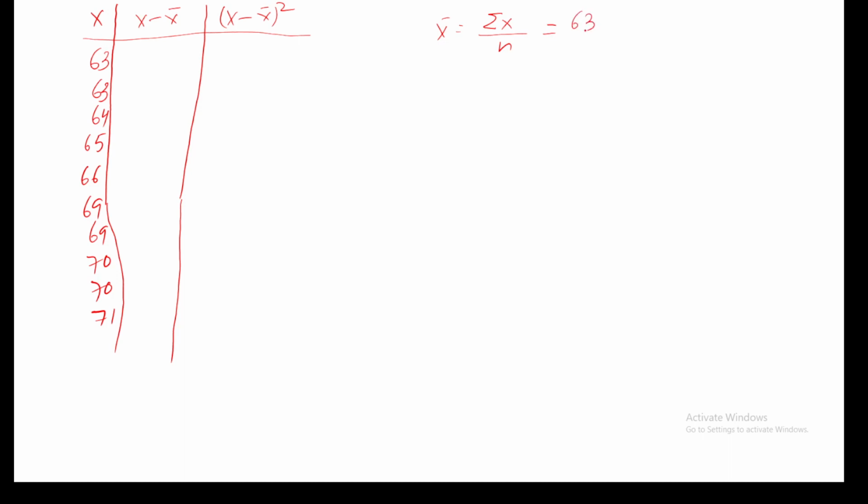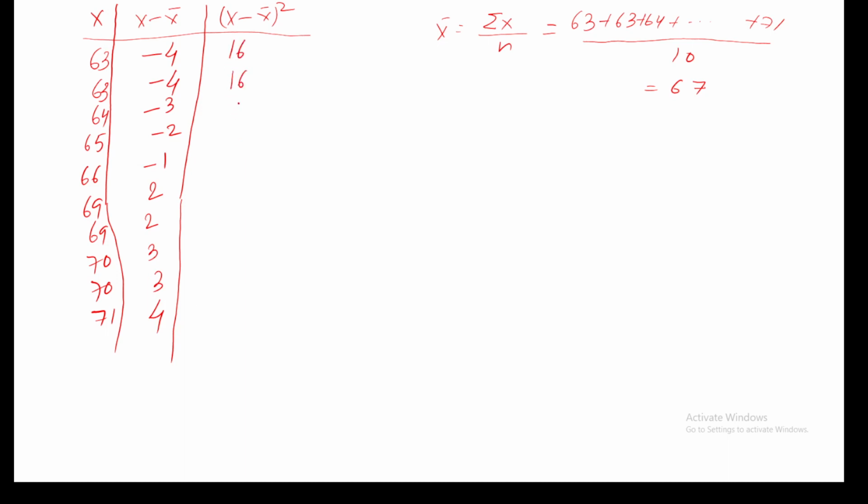It is 67: 63 plus 63 plus 64 up to 71, divided by the total of 10. So x minus x bar: 63 minus 67 is minus 4, minus 4, minus 3, minus 2, minus 1, 2, 2, 3, 3, 4.